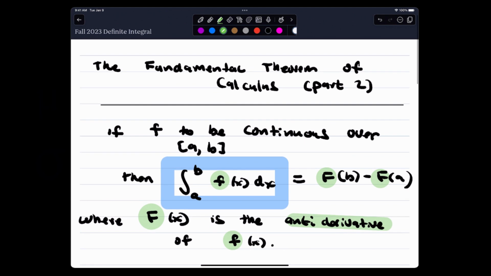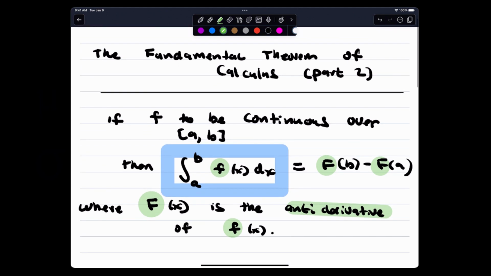This is the fundamental theorem of calculus. Now you might say, what are this a and b here, right? Well, a and b, they're called limits. And a is what's called the lower limit of the integral, and this is called the upper limit.